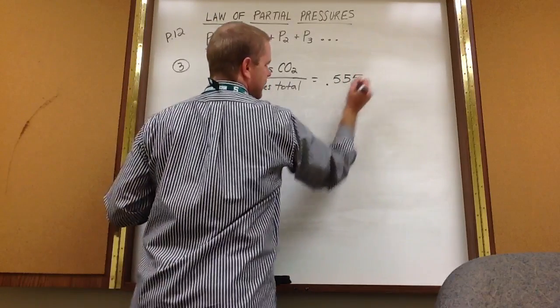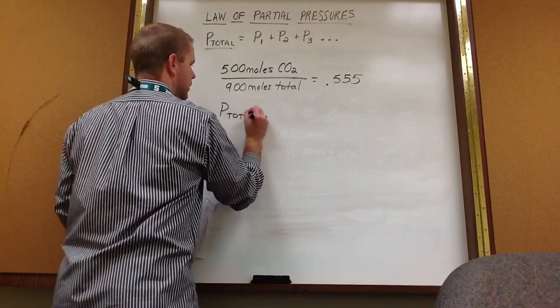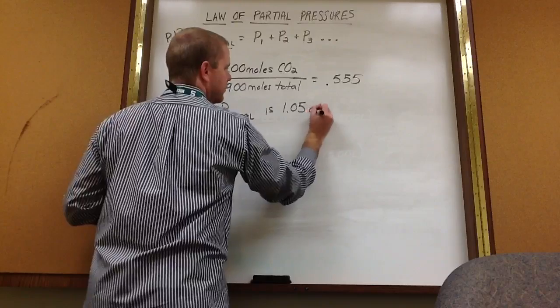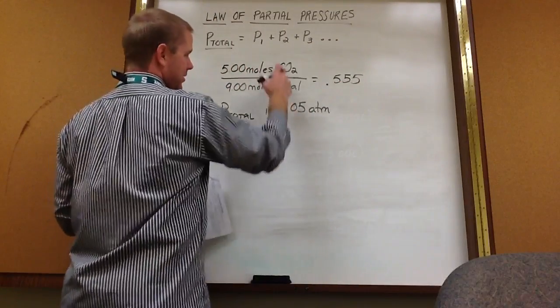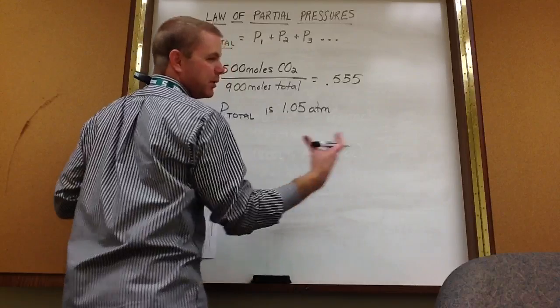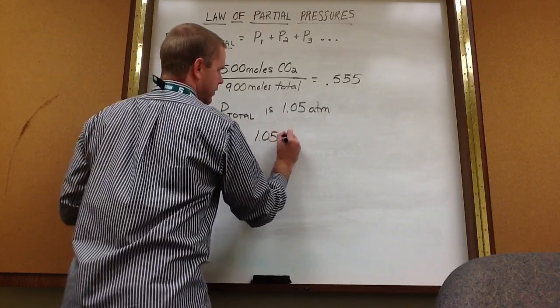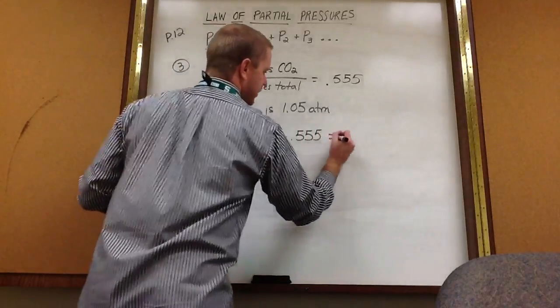I made 3 sig figs. Well, if the P total is 1.05 atms, and 0.555 of it is carbon dioxide, or 55.5%, all you got to do then is take 1.05 times 0.555.